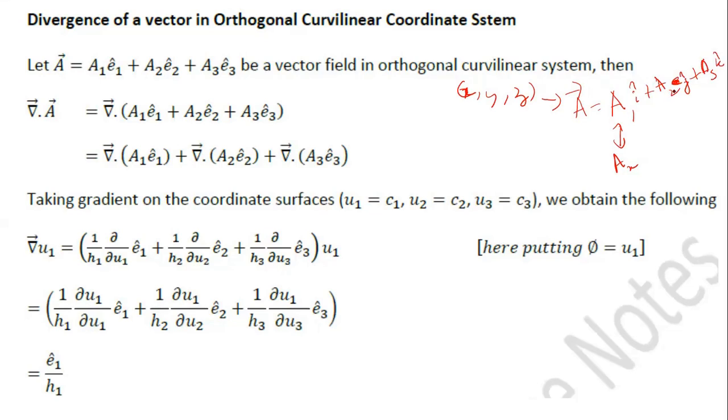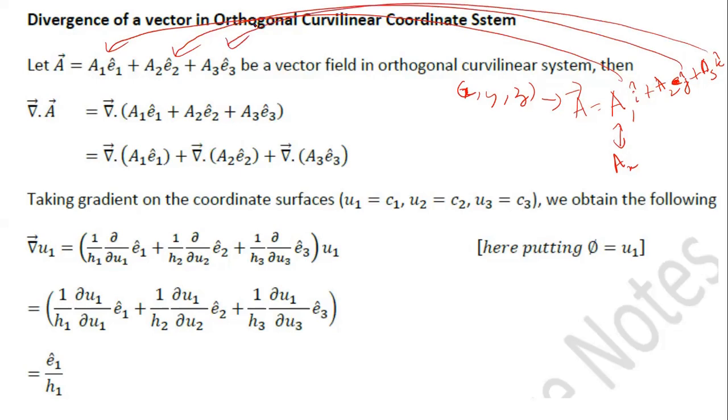So in orthogonal coordinate system, instead of I cap, you can write your unit vector E1 cap. Instead of J cap, you can write your unit vector E2 cap, and similarly instead of K cap, you can write your E3 cap unit vector. Like this, you can express any vector field in an orthogonal curvilinear coordinate system using the unit vectors E1 cap, E2 cap, and E3 cap.